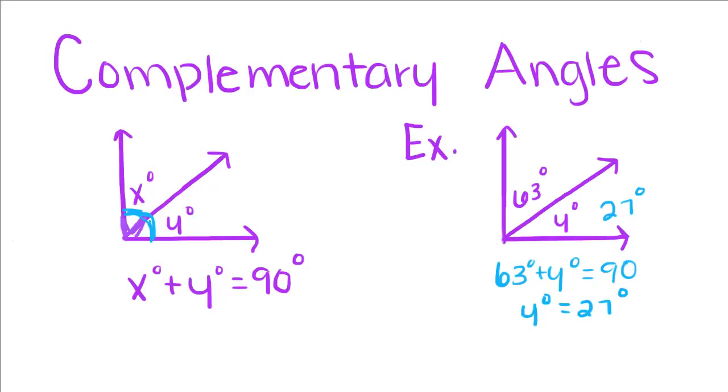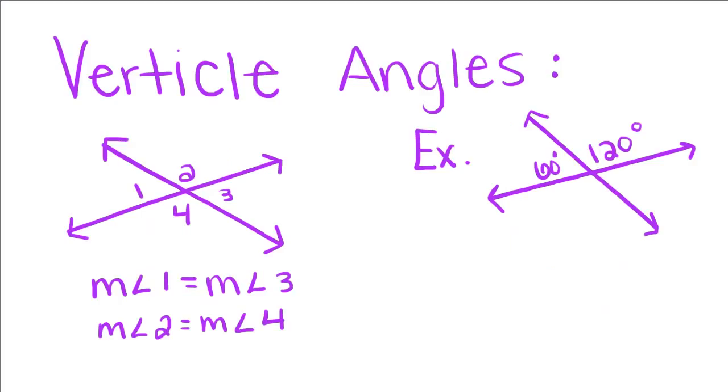Okay, and the last kind of angles we're going to talk about are vertical angles. So, vertical angles are across from one another. So this means that angle 1 and angle 3 are a pair of vertical angles, and angle 2 and angle 4 are another pair of vertical angles.